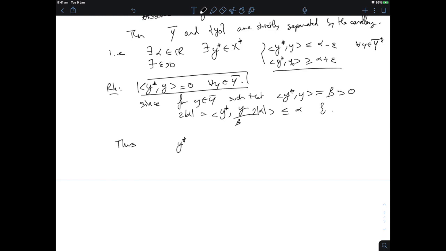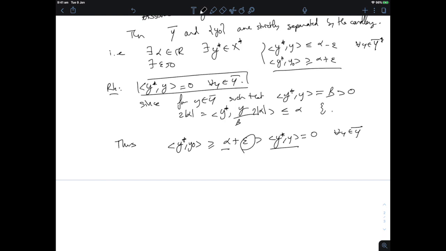That gives you that y star y naught is greater or equal to alpha plus epsilon, which is certainly greater than y star y, which is equal to 0 for all y in y bar. So in fact, importantly, this is strictly greater than 0, because alpha itself is greater than this, and then I'm adding epsilon.